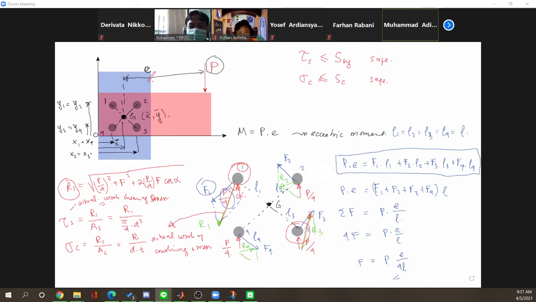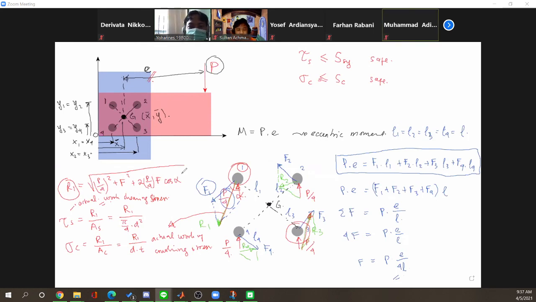I want to ask if I want to search the tensile stress of the plate. Oh, how to calculate the tensile stress of the plate? Is that what you mean? Yes, sir. Okay. So it depends on the direction of the load, Atin.